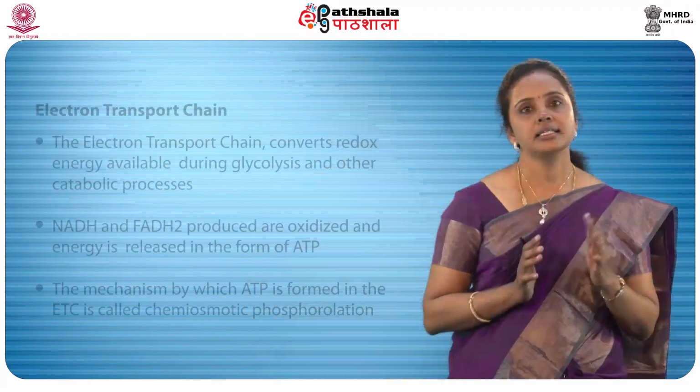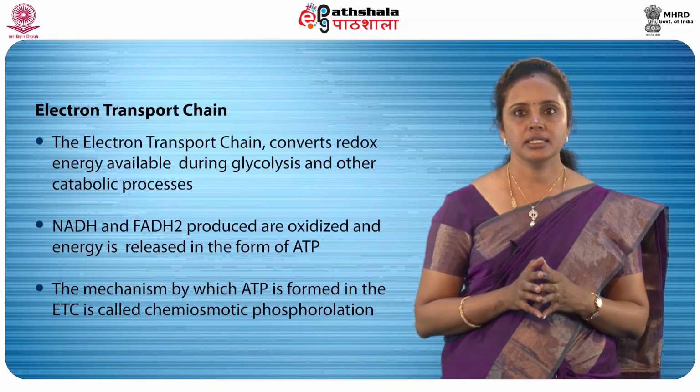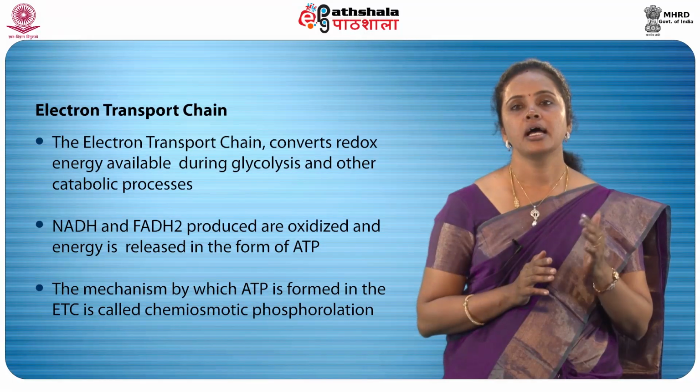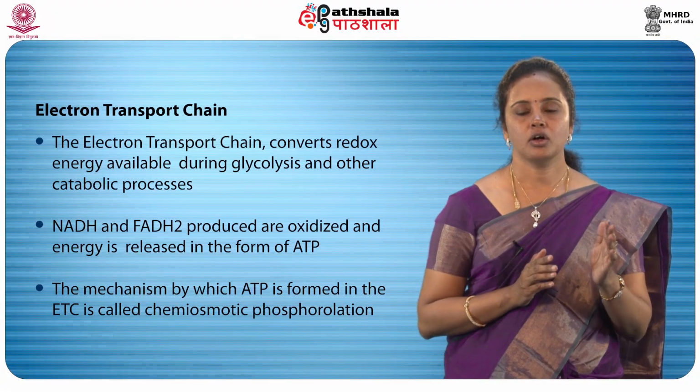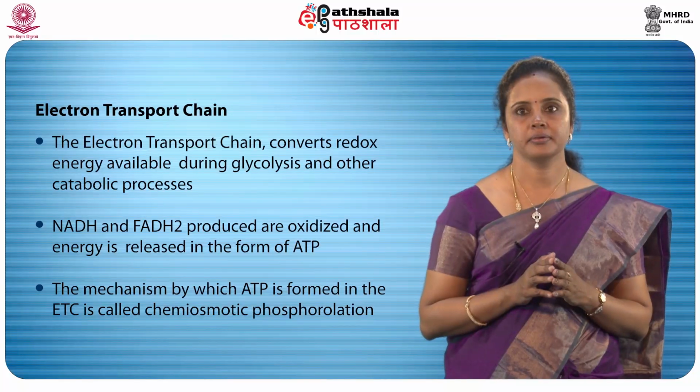ATP synthesis is not an energetically favorable reaction. Energy is needed in order for it to happen. And where do we get this energy from? This energy is derived from the oxidation of NADH and FADH2 by the 4 protein complexes of the electron transport chain.